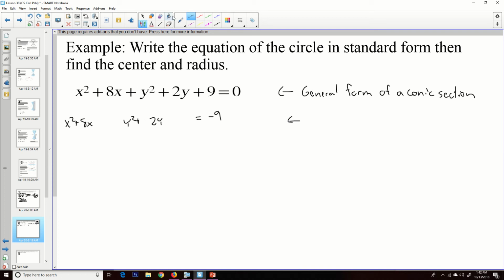And so the reason that I have this, and I'm going to erase this just a little bit so it looks a little nicer, I'm going to complete the square.